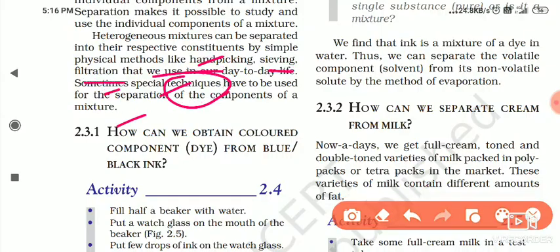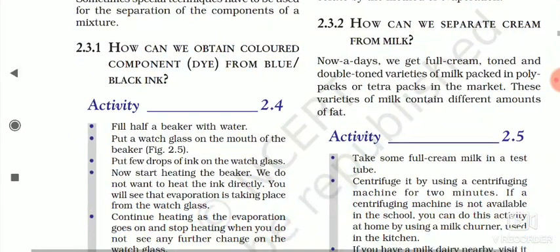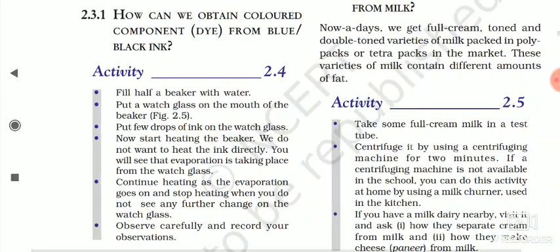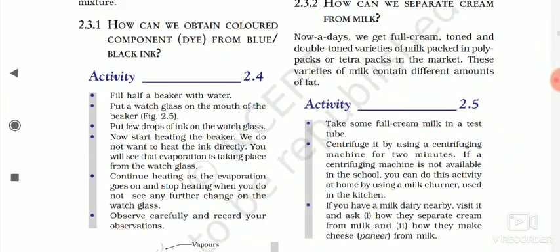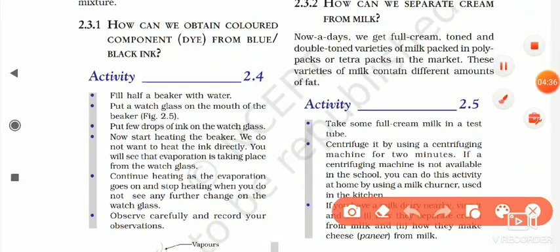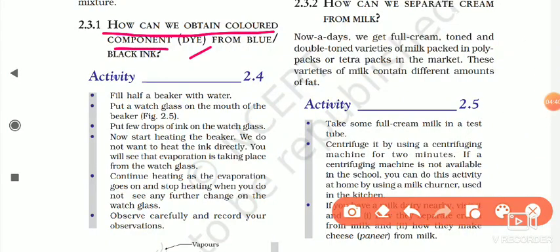So our first activity, 2.4 activity: how can we obtain the colored component, the dye, from blue black ink?